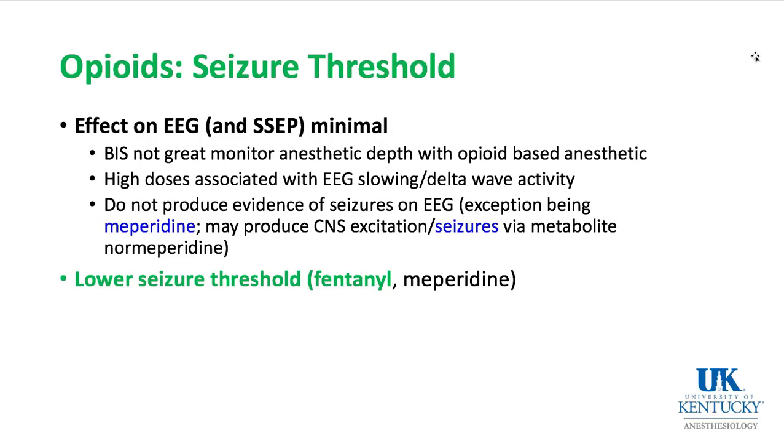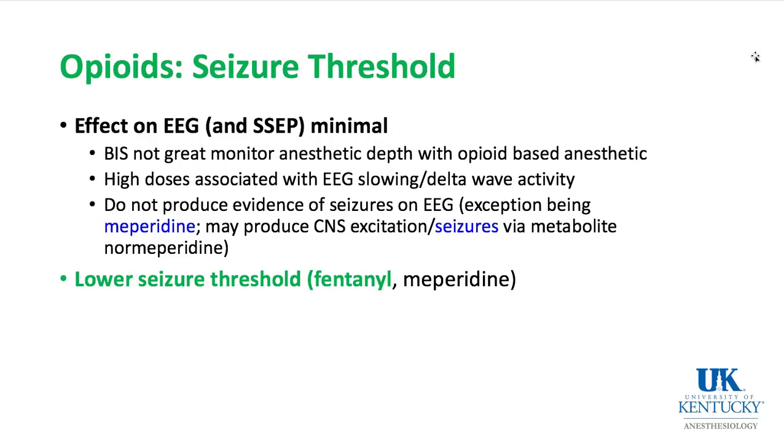And when you look at your BIS, when you're using high doses of opioids, BIS isn't a great monitor of anesthetic depth in an opioid-based anesthetic, because opioids don't have the classic effect, such as propofol or our volatile anesthetics, of an EEG in a wake state going from a high frequency, low amplitude to a low frequency, high amplitude state, and eventually burst suppression.